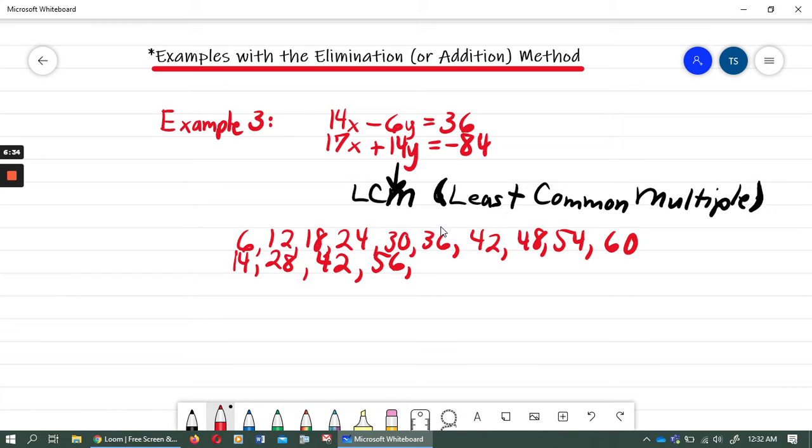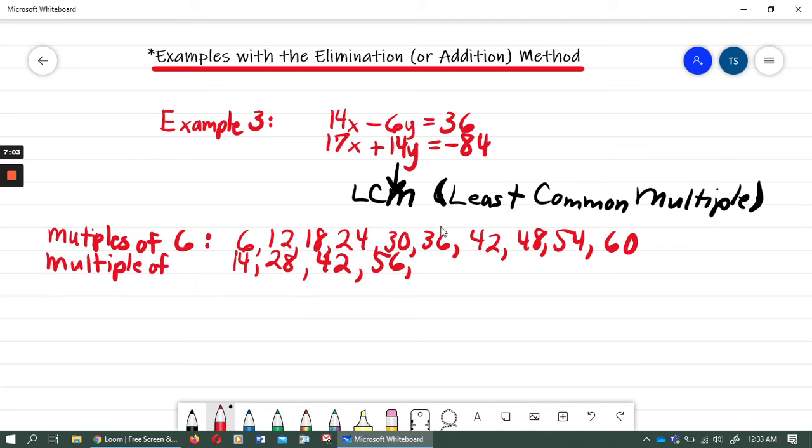So guys, out of these multiples that we have listed for these two numbers, again, we've got multiples of 6 listed, we've got multiples of 14 listed. Out of these multiples, you should be able to see a common multiple, and a least common multiple between them.